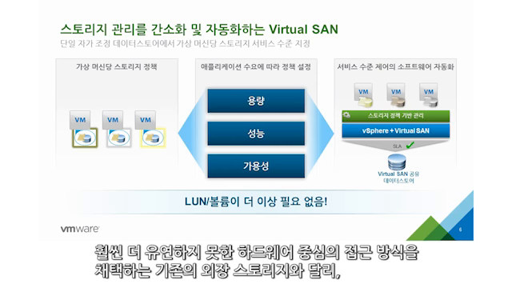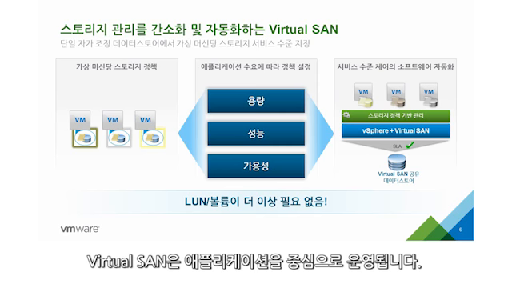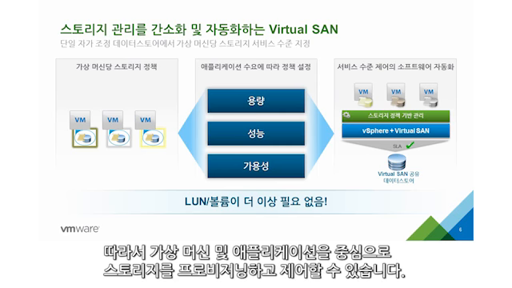Unlike traditional external storage, where provisioning is done at the storage layer, which is a much more rigid, hardware-centric approach, vSAN puts the application in charge by allowing you to provision and control storage in a much more VM and application-centric way.